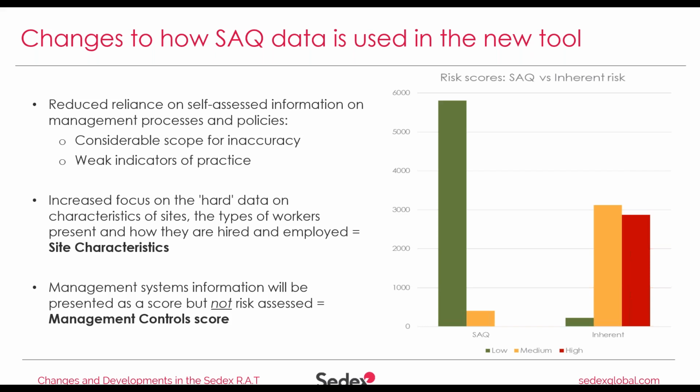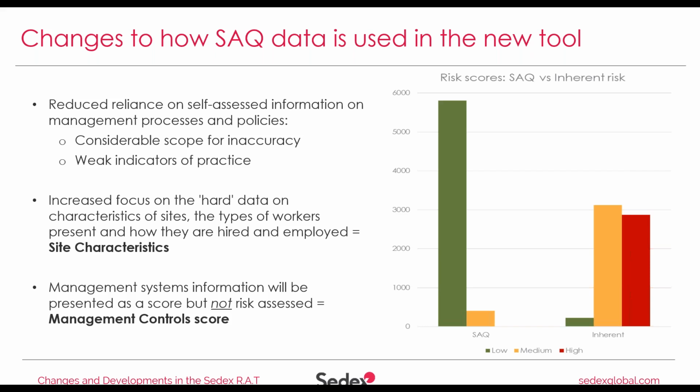And that might be about the workers who work at that site, the type of contracts they have, their wages. It could be about the presence of hazardous materials and the environmental practices that go on there. And what we're doing is then using information from those questions to develop a site characteristics risk score.